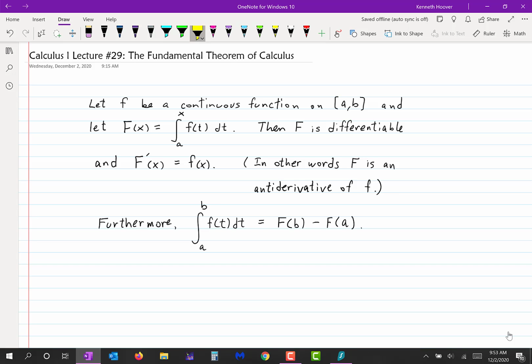And that's very important because that's what we use to calculate integrals. That's the formula that we use to calculate integrals so that we don't have to do the whole Riemann sum mess. Okay, so let me prove that last little sentence to you. This is actually quite easy.